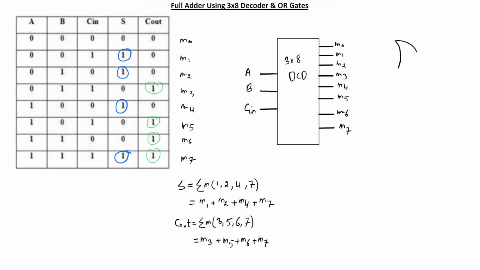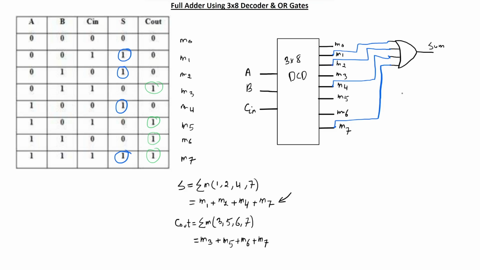So this is an OR gate, and we want to produce the sum on this side. It has four inputs, 1, 2, 3, and 4. As we see in this term, we need to pass M1 or M2 or M4 or M7. So now we can connect these, M1, M2, M4, lastly M7.